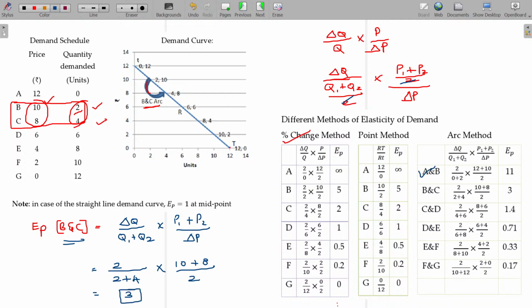The same way we can calculate for all the arcs possible here: A and B, B and C, C and D, D and E, E and F, F and G. For the arc A and B, the elasticity of price will be 11, and for F and G, the elasticity of price is 0.17. So now we have completed the arc method as well as the percentage change method. Come on, make a note of it.